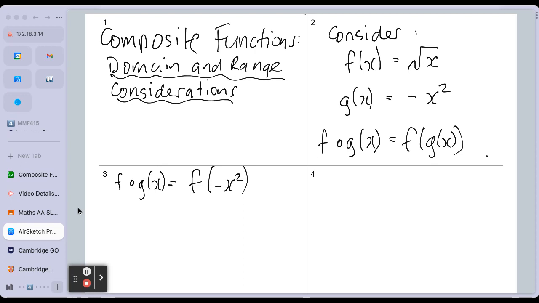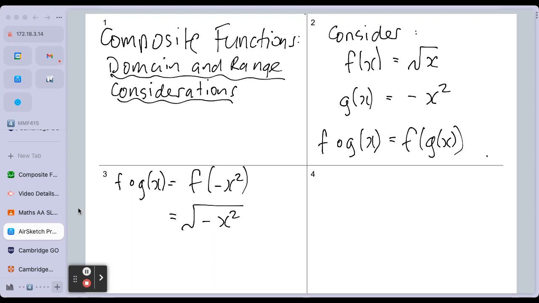So negative x squared is the new input. So we replace any instance of x with negative x squared, and we would get the square root of negative x squared as our new function. If you got that far, that's what I was looking for.